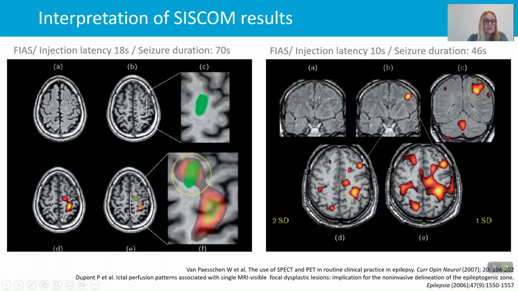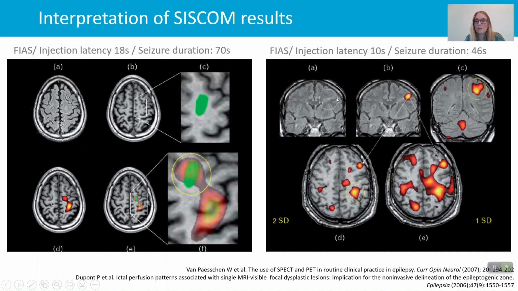This was the SISCOM activation, so the hyperperfusion. And you see here that the blob with the highest and the biggest hyperperfusion is not coinciding with the probable focal cortical dysplasia, but this will reflect propagation. So the patient had surgery of this part and was rendered seizure-free.